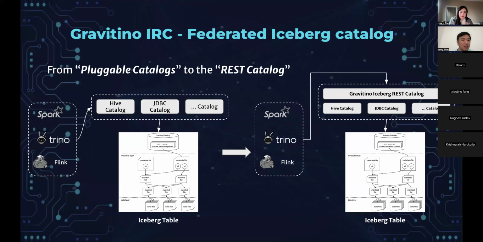That's the key thing of our Gravitino Iceberg REST catalog. And also, if you have multiple Iceberg catalogs existing, for example multiple Hive Metastores or multiple JDBC catalogs, then we provide a federated way. So you can use one Iceberg REST catalog to talk to the different backends and process them in a unified way.